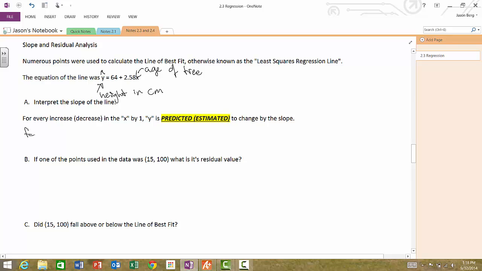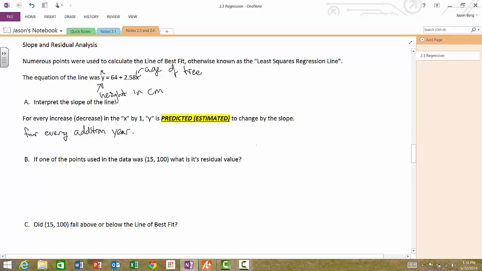additional year, so for every additional year, that's the increase in the x, which is the age.